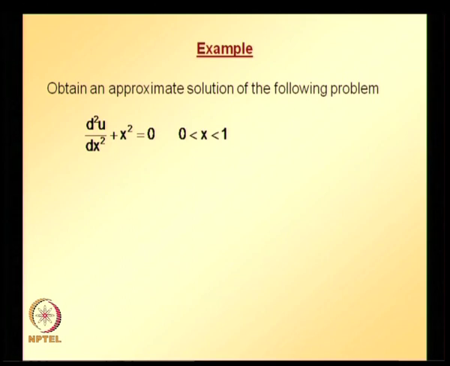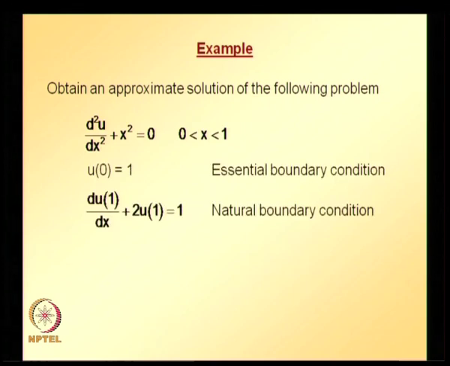So the boundary value problem that I am choosing is this one, that is second derivative of u with respect to x plus x square is equal to 0, that condition needs to be satisfied over the domain 0 to 1. Again this is a second order boundary value problem, so we require 2 boundary conditions, and here mixed boundary conditions are given as in the previous example, that is you have a combination of essential boundary condition and natural boundary condition.